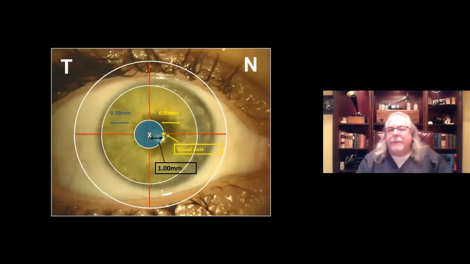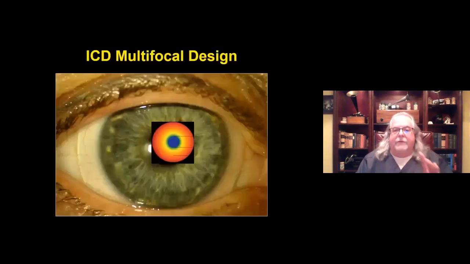So what this means is that to really take maximum effect of the optic of a multifocal scleral lens like the ICD, we're going to have to decenter that optic and place it over the line of sight. And that is exactly what is available today.